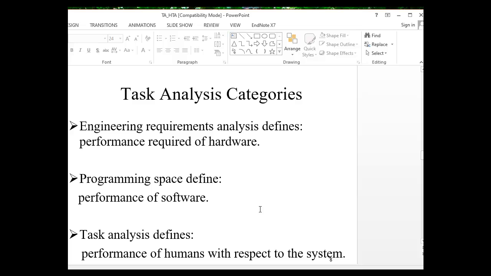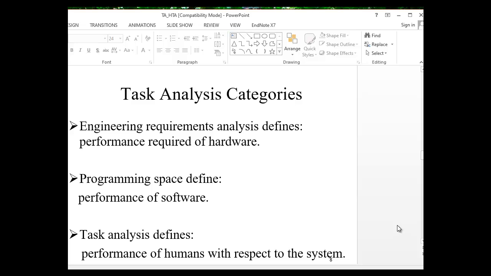Okay, so task analysis is a human task. Human will analyze the task. So it is the performance of the human with respect to the system. If the human's mind perception is good in task analysis, it will be accurately solved and it will give a very positive result. Otherwise the result will be affected, it will be negative or will not be a very good result.